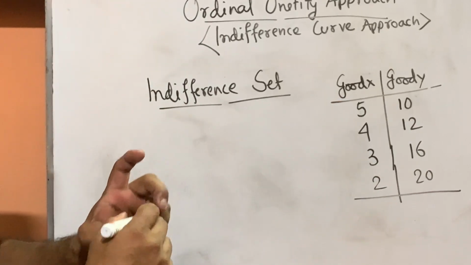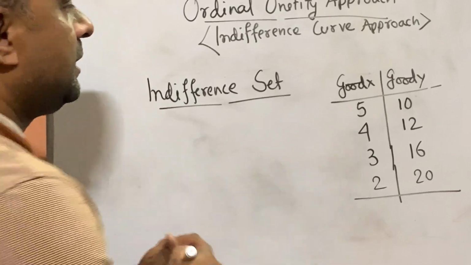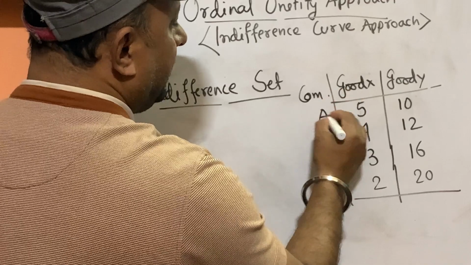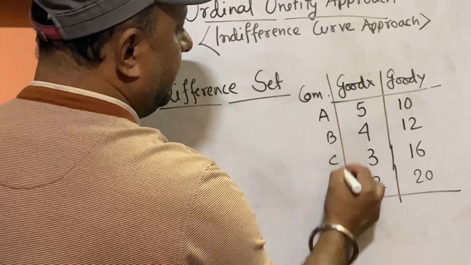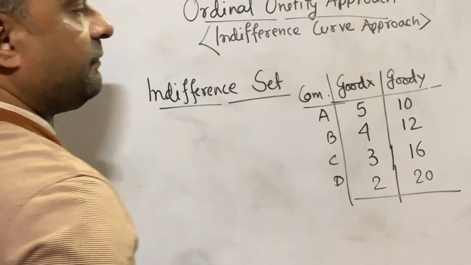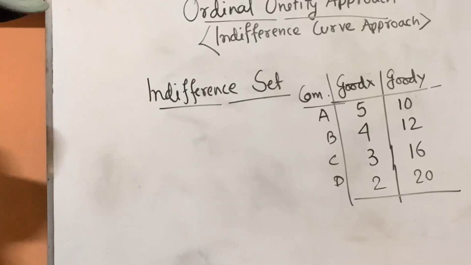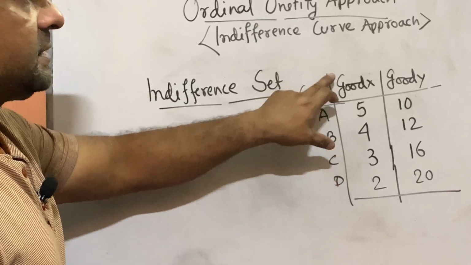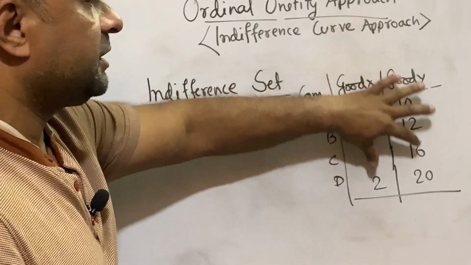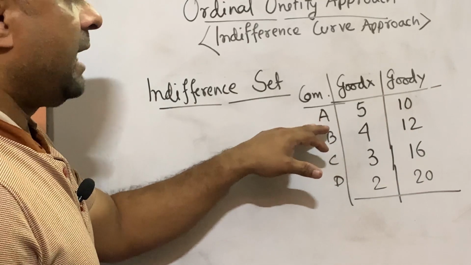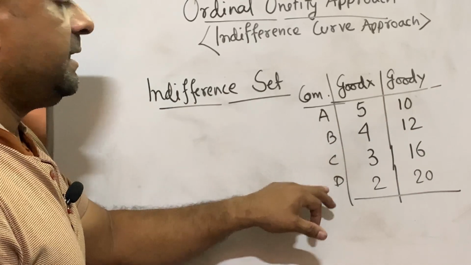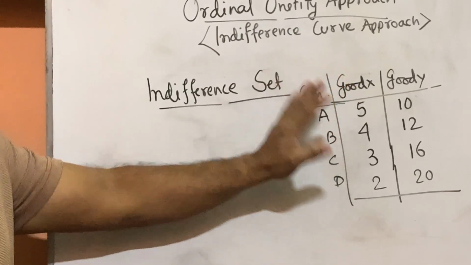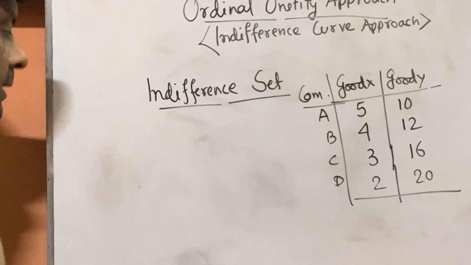It means if the consumer chooses any one bundle, suppose the combinations are A, B, C, D, he will get the same level of satisfaction. Then it is called an indifference set. The consumer gets the same level of satisfaction from any bundle, either combination A, B, C or D. This is an indifference set: those sets which provide the same satisfaction to the consumer.